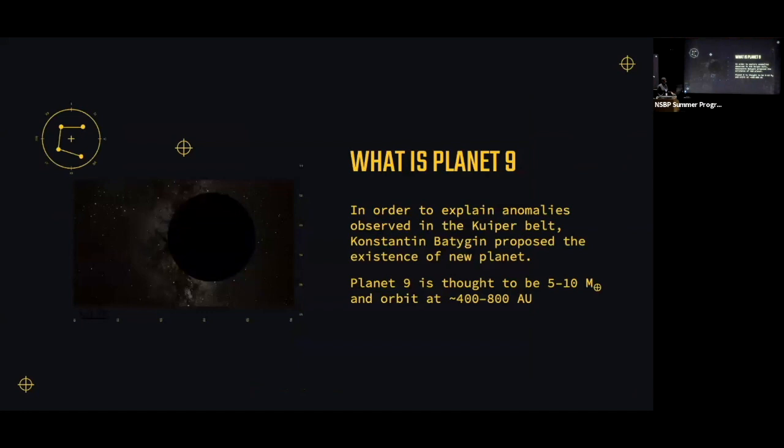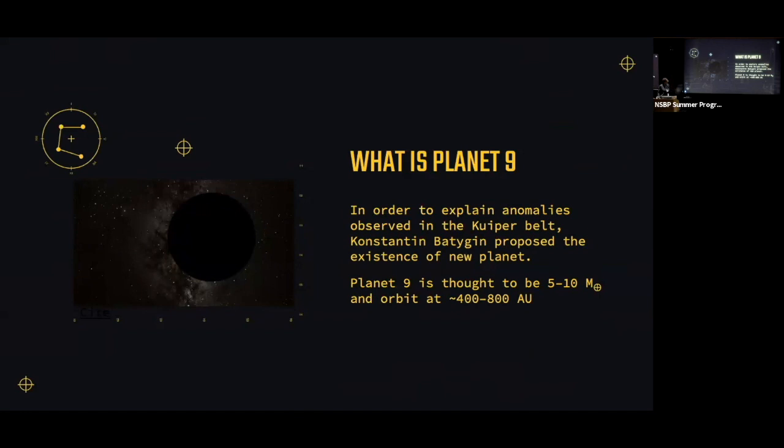Speaking of TNOs, a reason that we have decided to study them is because of Planet 9 and how they interact with each other. Planet 9 is a hypothetical object, a placeholder name that we have given to something out somewhere in the solar system.